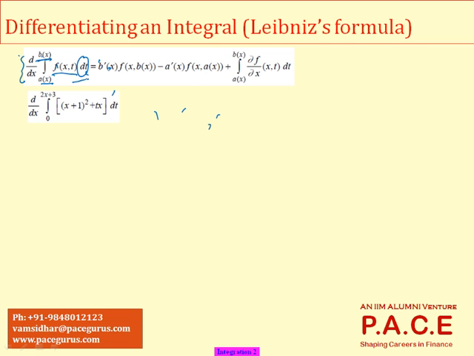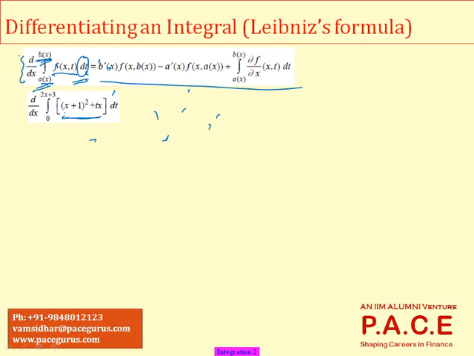The integral is with respect to t, the limits are in terms of x, and the derivative is with respect to x. If that's the case, by using this kind of formula, you can directly do the differentiation. With this example, it becomes much easier. So here, this is my f of x.